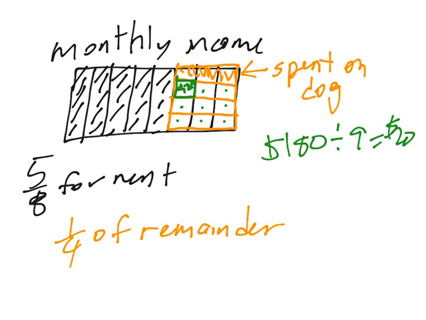I could easily figure out how much was spent on the dog. There's 20, 40, 60. I could even figure out how much there is altogether in this orange bit: 20, 40, 60, 80, 100, 120, 140, 160, 180, 200, 220, 240. I could do all sorts of stuff. But what about this part over here that they spent for rent?